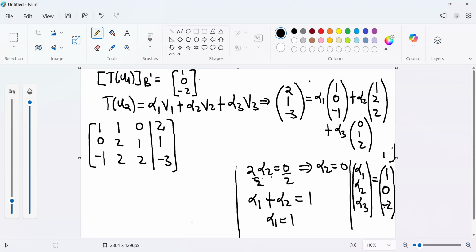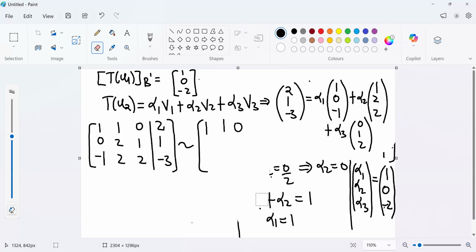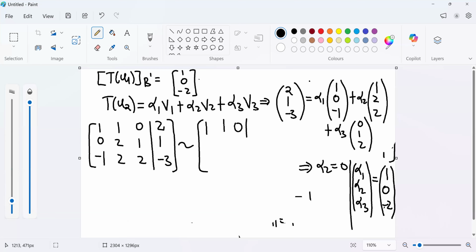Row reduce in the same way. We are not going to change much. So you see previously I used R1 plus R3. It is the same thing which I'm going to do here. This will be 1, 1, 0, equal to 2. Then 2, 1, 1.